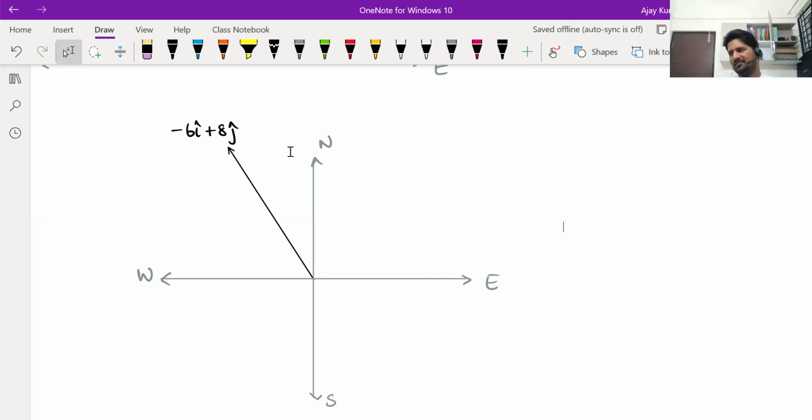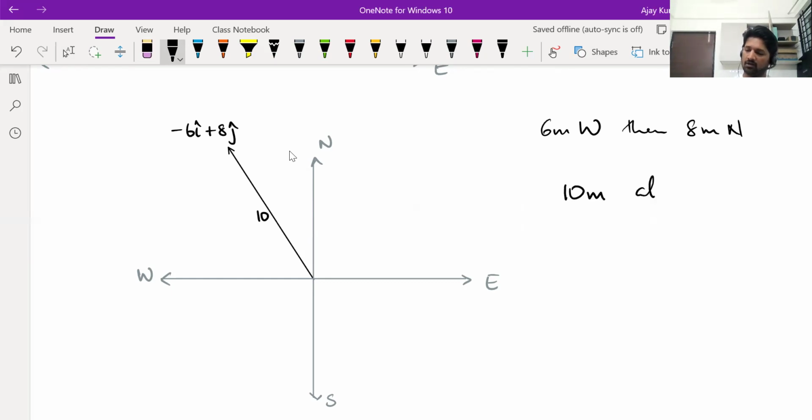Fine. You can ask them to move 6 meters west, then 8 meters north. But what we want to express is, we know the overall magnitude of this displacement, 10. I want you to tell it this way: 10 meters along which direction should we move? How to describe that direction?